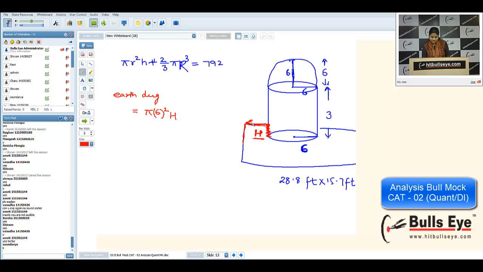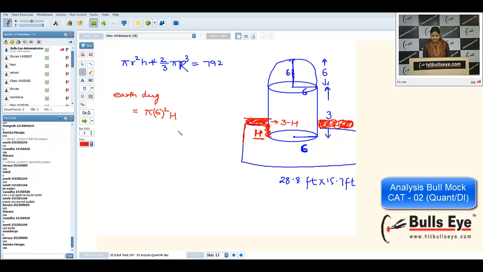And this earth is evenly distributed on this plant. We want the complete height to be 3. So if h is dug, it should be 3 minus h. Then only it will become 3 feet. Am I okay with this thing? Because that was the main thing here. Is it okay?